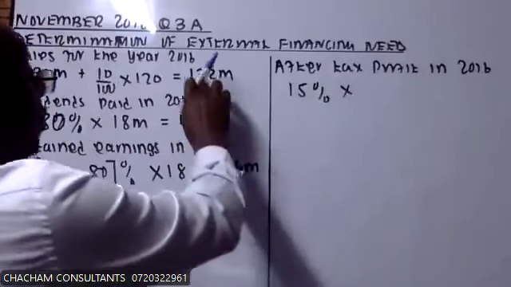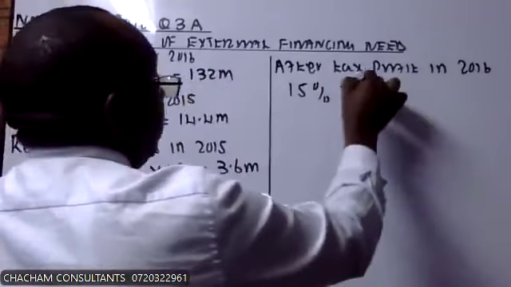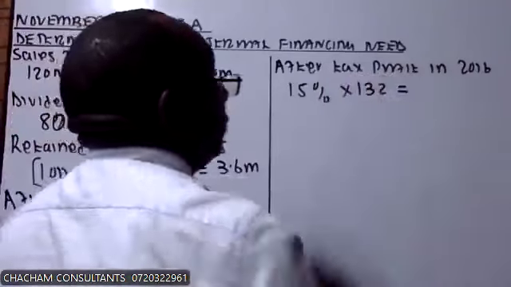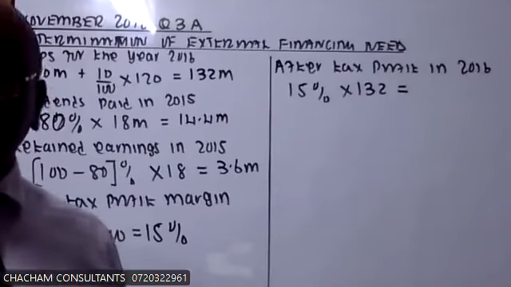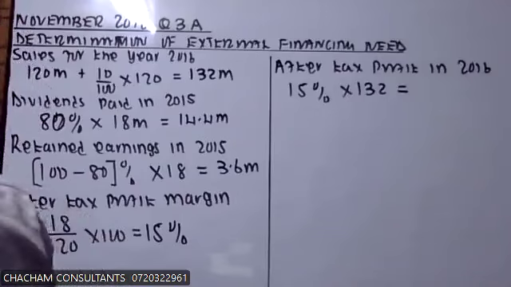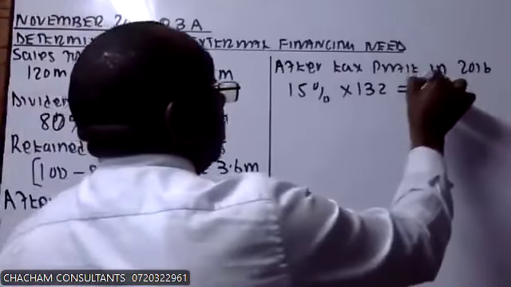So the future in 2016, we expect sales of 132, so you get 15% of that. That is $19.8.